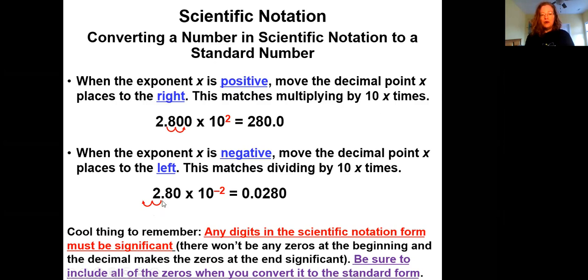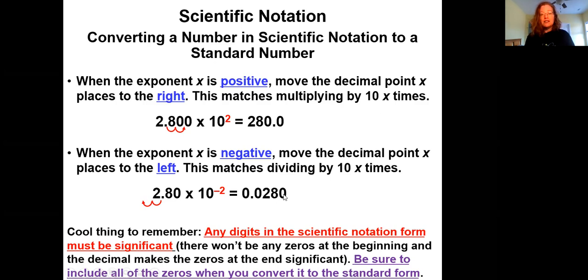If I had 2.80 times 10 to the negative 2, a negative exponent is the same as dividing by 10. So if I divide 2.8 by 10, then I will get 0.28. If I divide it by 10 a second time, then I get 0.028. Because the 0 was in a number that had a decimal originally, it's significant.